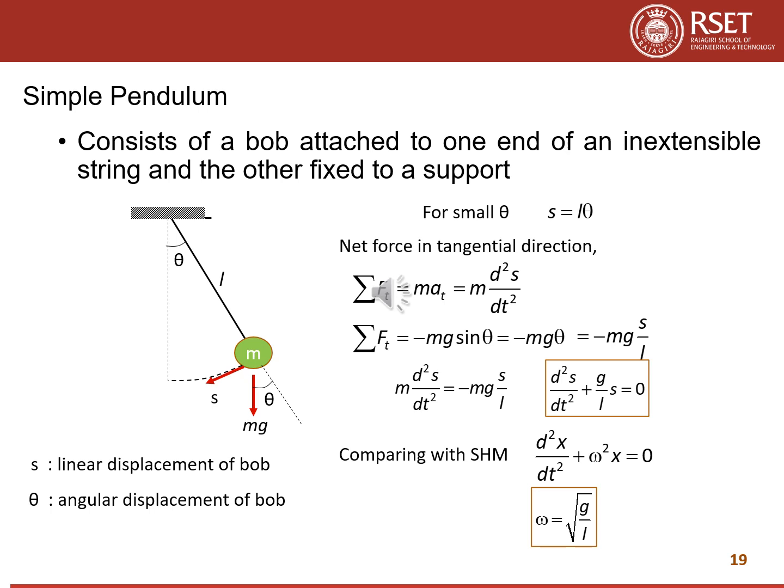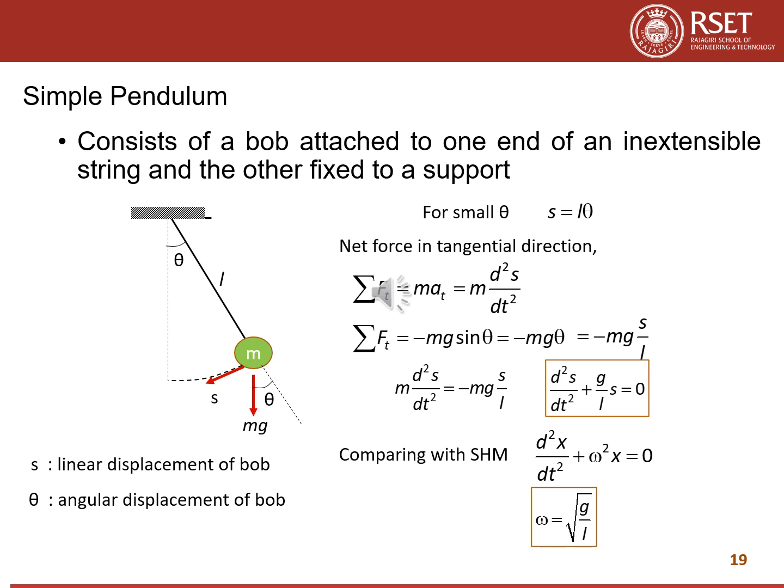Now, the force in the tangential direction is the component of the gravity force mg. mg is acting downward, so the component of mg in the tangent direction is mg sin theta. So Ft will be equal to minus mg sin theta.